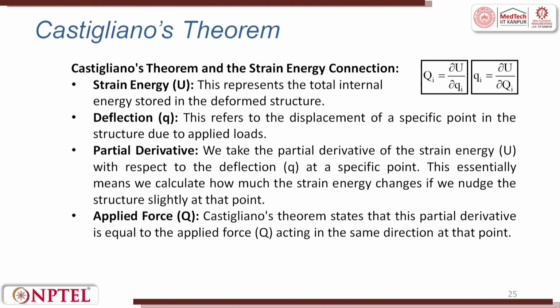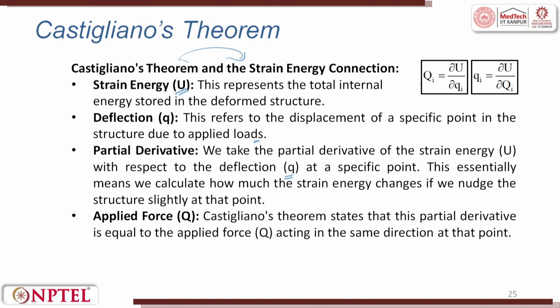So, Castigliano's theorem and the strain energy connection. What is the connection between these two, what we studied? Strain energy is U. This represents the total internal energy stored in the deformed structure. Deflection is Q. This refers to the displacement of specific point in the structure due to the applied load. Partial derivative: we take the partial derivative of the strain energy U with respect to the deflection Q at a specific point.